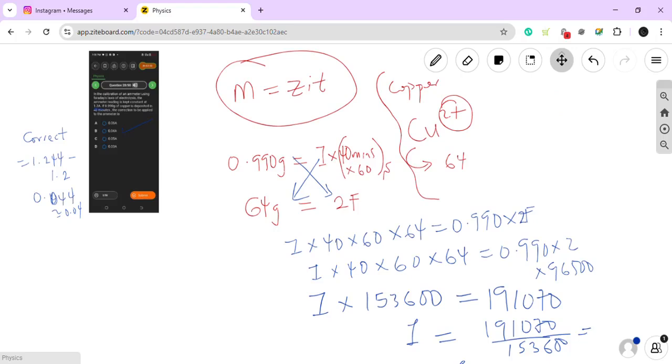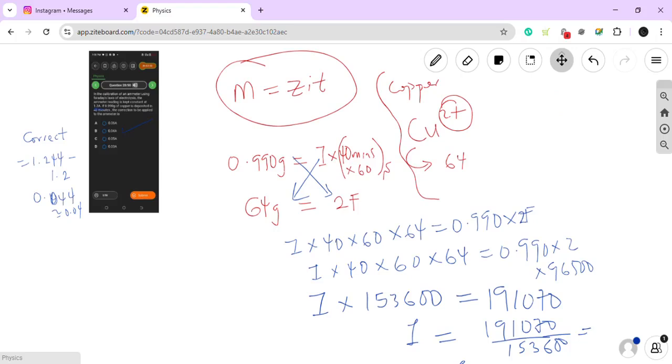If it is 64, good. If it is 63.5, good. But maybe I will have to confirm for you to know what they are using, because we need to round it up. Let me check the relative atomic mass of copper. Okay, now this one they are using 63.55, and that's 63.6.